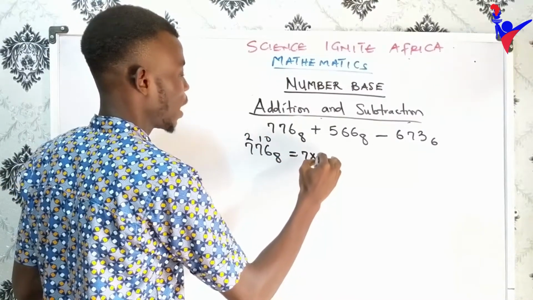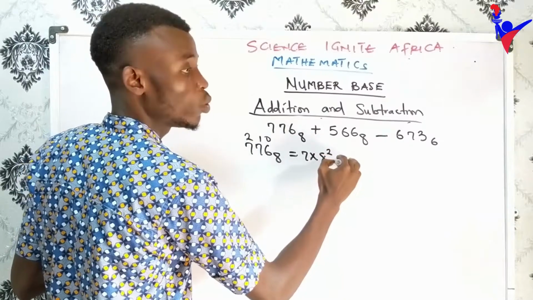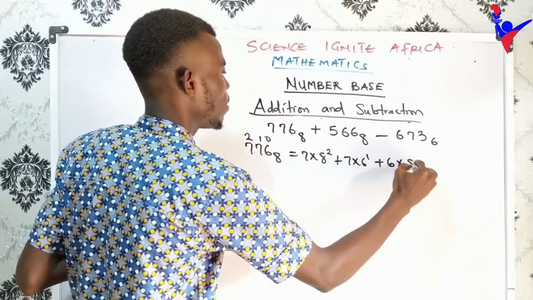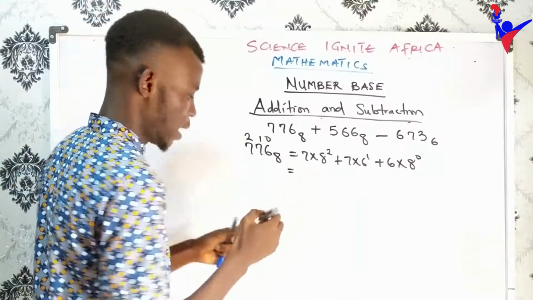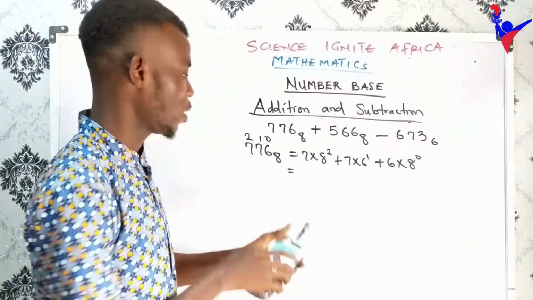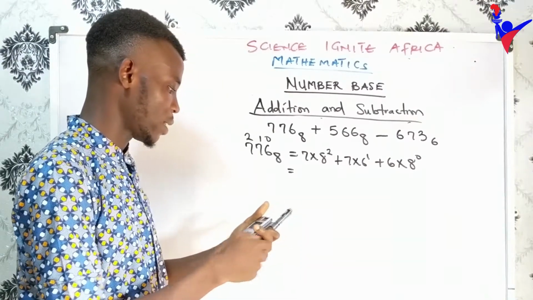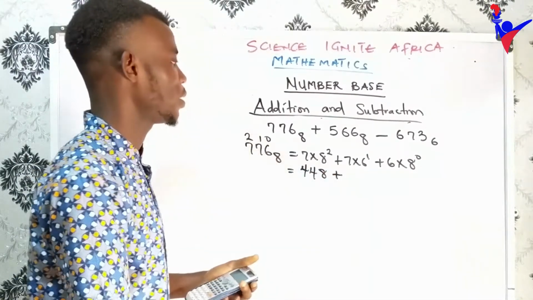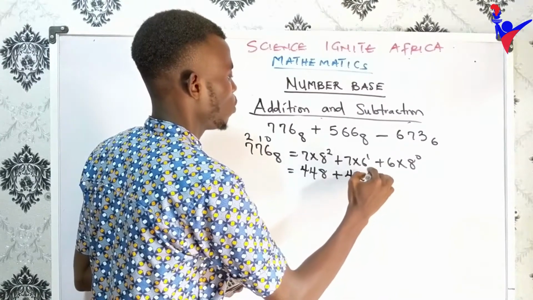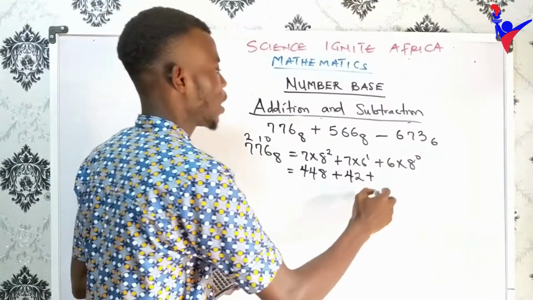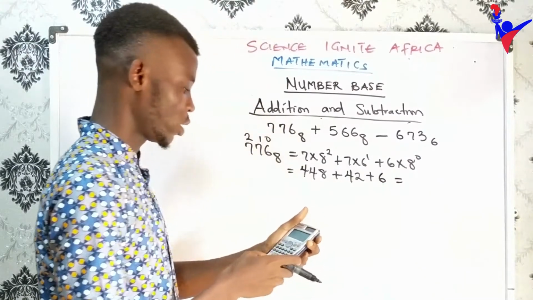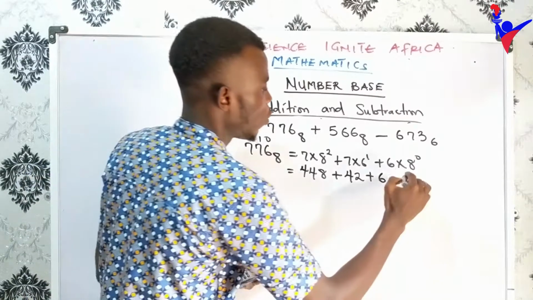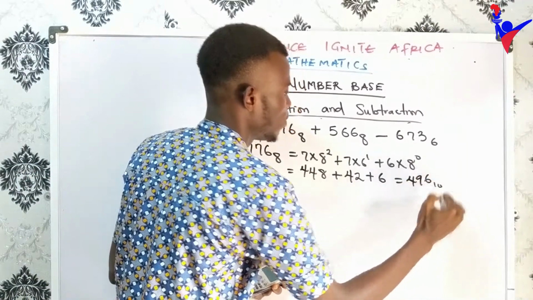We have 7 multiplied by 8 raised to power 2, plus 7 multiplied by 8 raised to power 1, plus 6 multiplied by 8 raised to power 0. 8 raised to power 2 gives us 64, and 64 multiplied by 7 is 448. Then 7 times 8 is 56... we have 42 plus 8 raised to power 0 is 1, 1 multiplied by 6 is 6. Then we have 448 plus 42 plus 6, which gives us 496. That is what is in base 10.